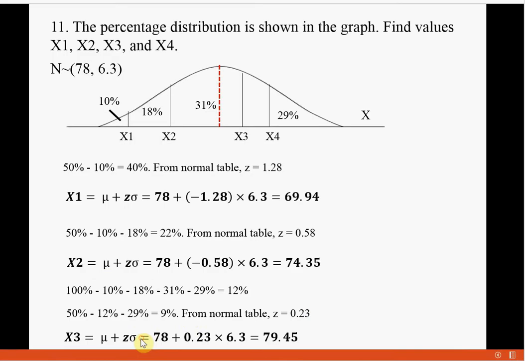If you use 0.55, the value of x4 would be, bringing all the numbers into the formula, 78 plus 0.55 times 6.3.